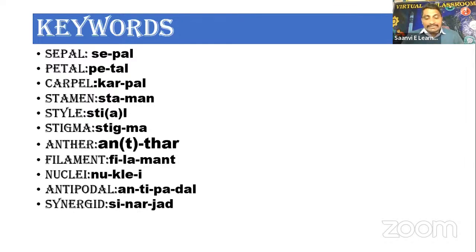Antipodal. Antipodal. Antipodal. Antipodal. Synergid. Synergid.